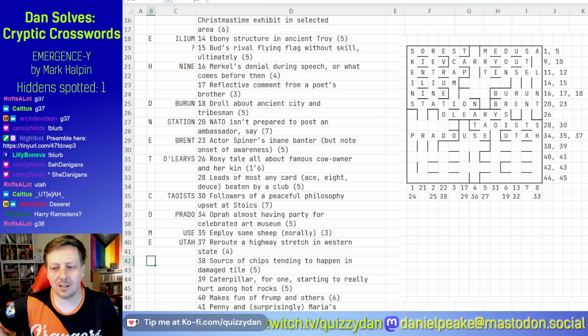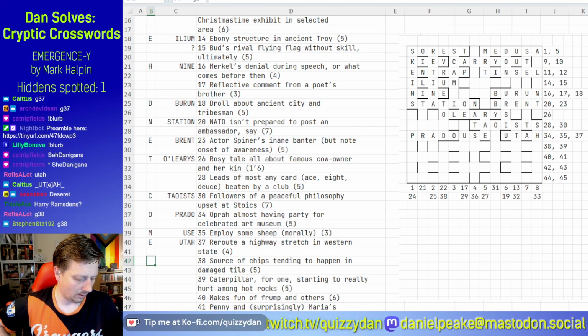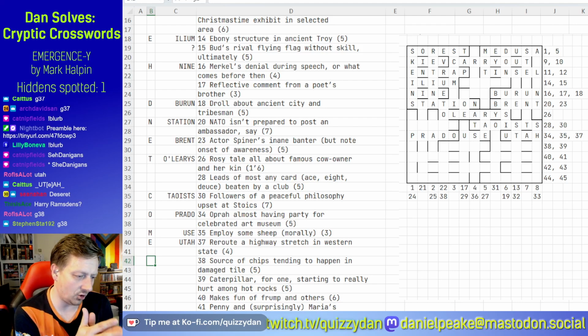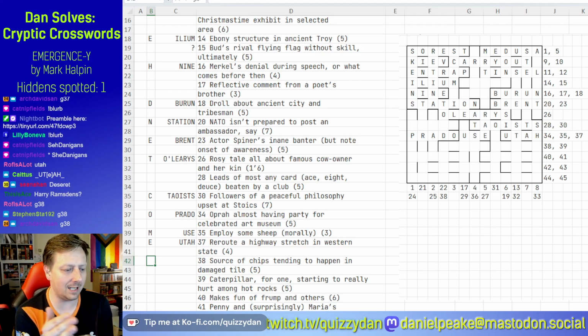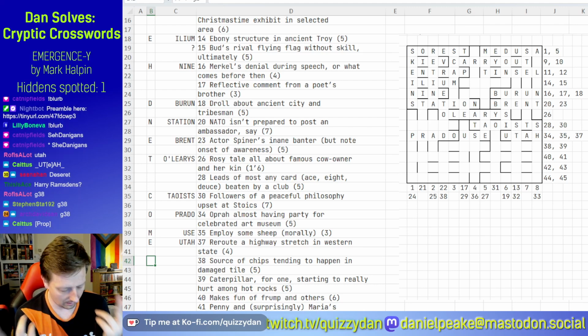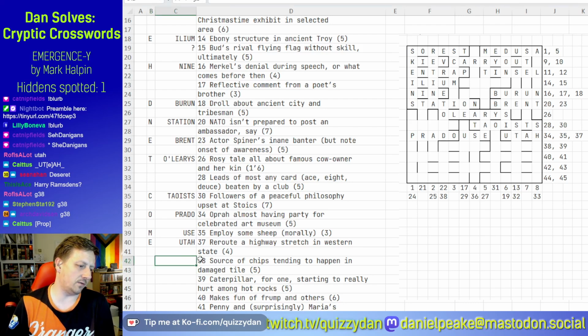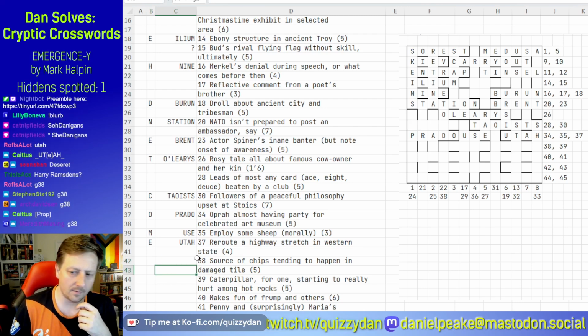But why would an inlet? Don't like it. Feels like it's a definition now. Ending to happen is N in damaged tile. Could be damaged tie. Not spotting it. You're all getting it, but because we've got so many clues, I'm going to not ask for that in the first instance, and we'll do it in the second pass.